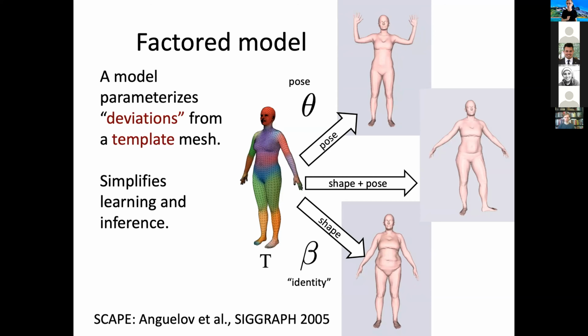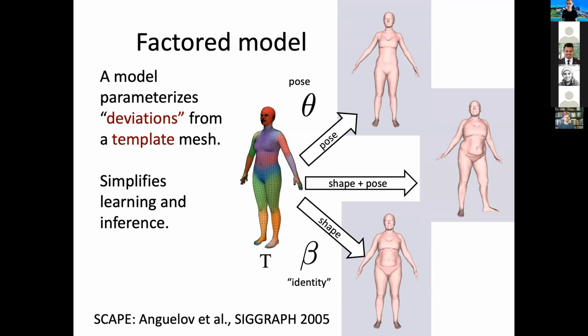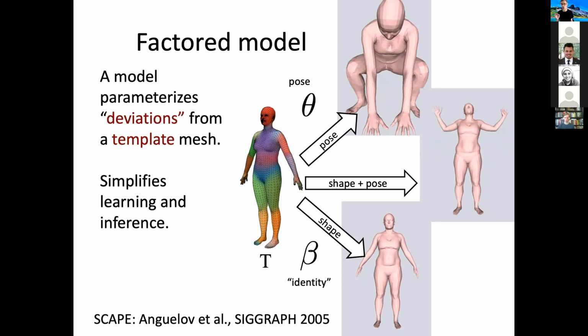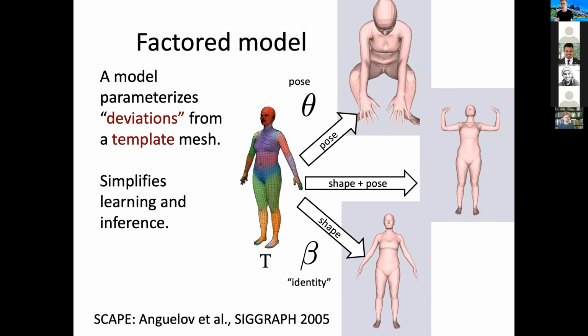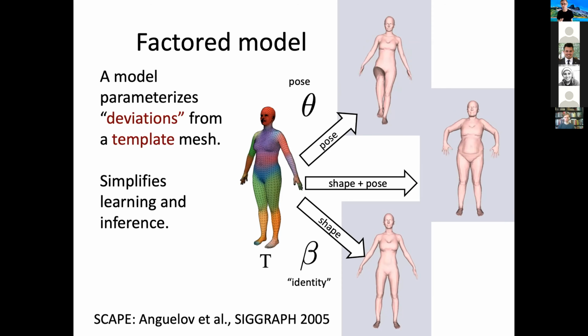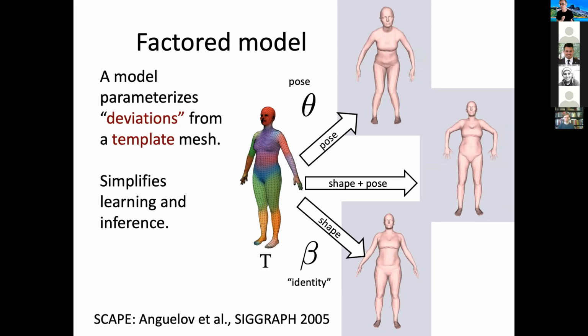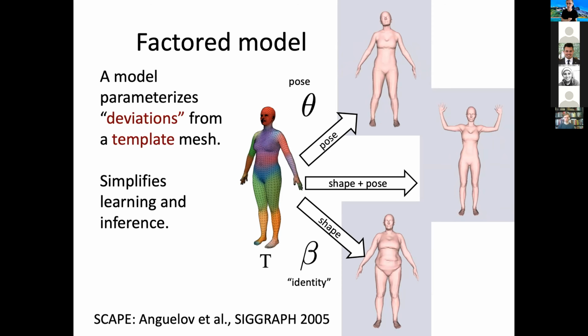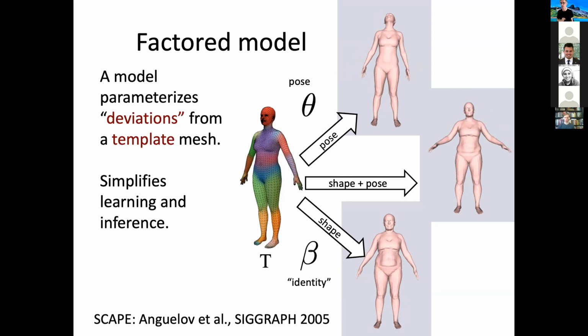So if that's true, then we've factored pose from identity. And then, of course, we want, at the bottom here, to be able to change identity. And you see the model is going through shapes of different women, but the pose should always be the same. So you shouldn't see the pose change. And then we want to be able to compose those two things on the right so that pose and shape change simultaneously.